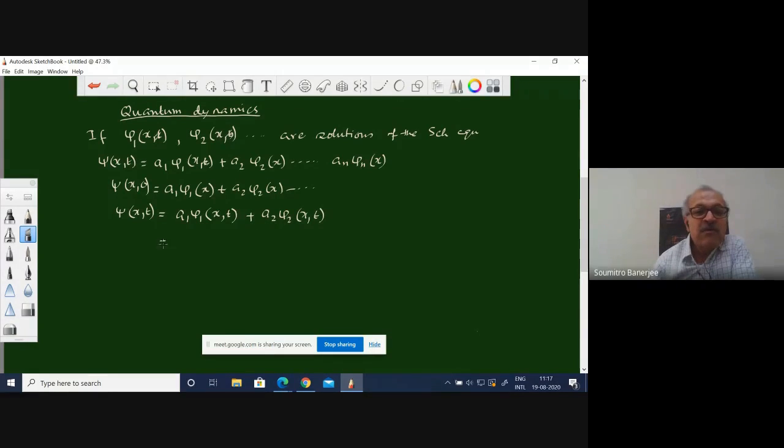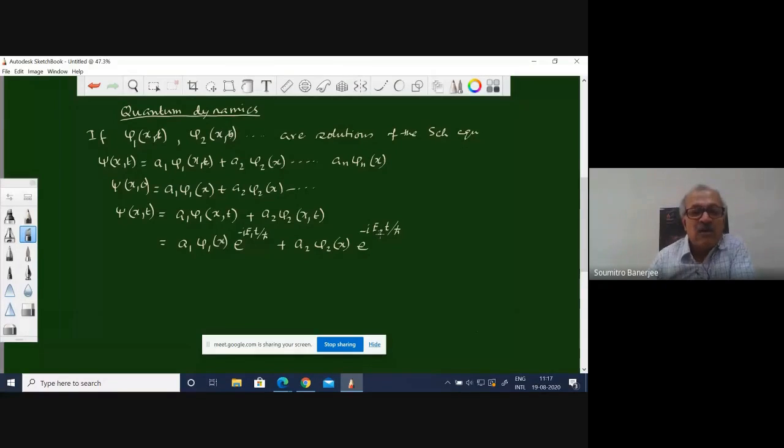And if you actually put the phase factor, it becomes a1 psi 1 of x e to the power minus i E1 t by h cross plus a2 psi 2 of x e to the power minus i E2 t by h cross. So this is how it evolves. So when you talk about the evolution, these phase factors are there.